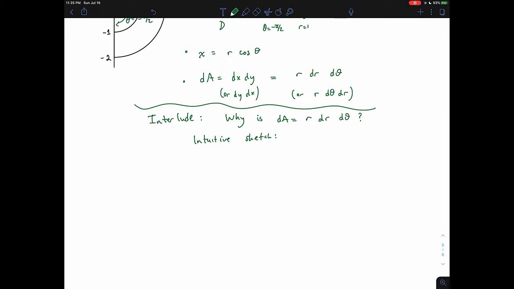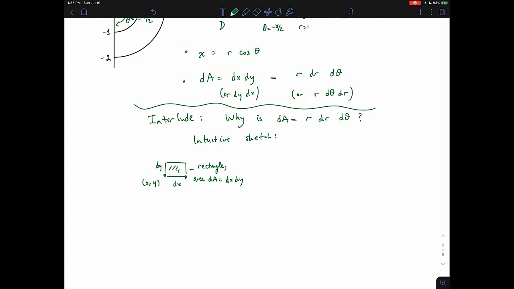In Cartesian coordinates, if we were at a given point x, y, and then x moved a little bit, up to x plus dx, and y moved a little bit by an amount dy, then how much area would be swept out by those changes in x and y? This would be a rectangle, and the area would be the base times the height, dx dy.